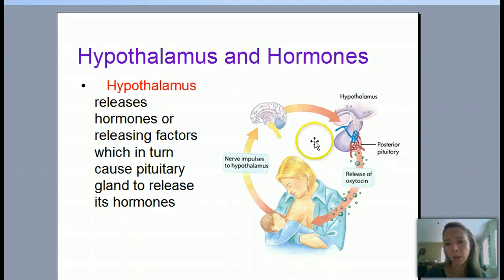So the hypothalamus, it's a continual circle. The nerve impulse from the sucking motion sends a message to the hypothalamus that it needs to release oxytocin, which makes milk. And then the release of oxytocin goes here. The more sucking motion goes to the hypothalamus, it says to release more. This is actually one example of a positive feedback mechanism in your body.